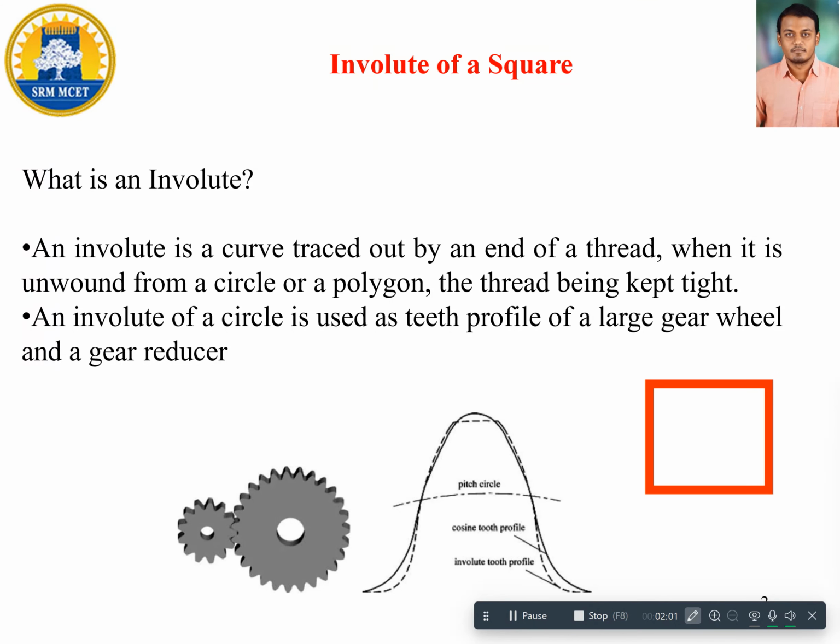If this is your square and I am going to use a thread, after the thread is wound, it will be looking like this. It will not be having any gap between points A, B, C and D. Now, I am starting with point A and ending it with point A, and I am going to slowly remove this thread.